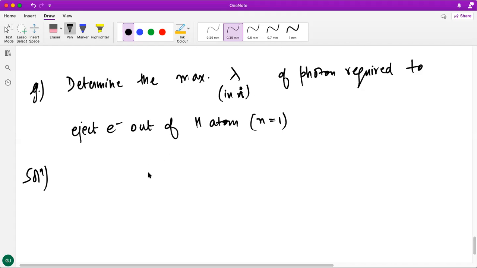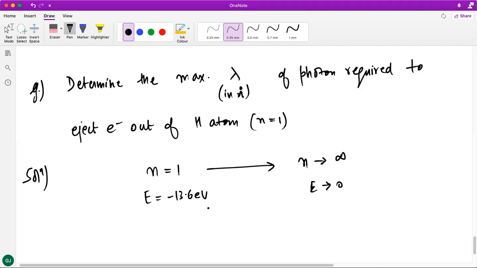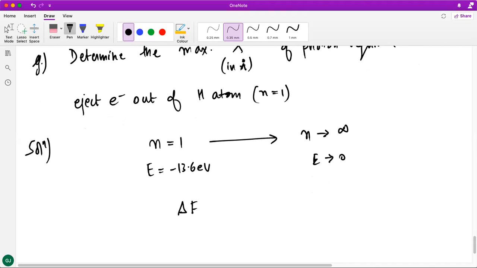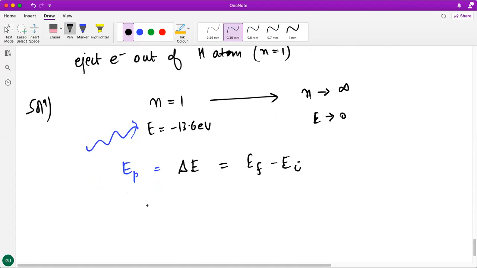अगेन आप यहाँ पे नोटिस करो, अभी इलेक्ट्रॉन n इक्वल टू 1 में है और यहाँ से आपको कहाँ निकालना है? बाहर निकालना है, राइट? सो यहाँ पर एनर्जी कितना है? -13.6 eV, राइट? एंड यहाँ पर एनर्जी would tend to 0, right? So what is the change? This is energy final minus energy initial, and this change is what will be done by a photon, correct?